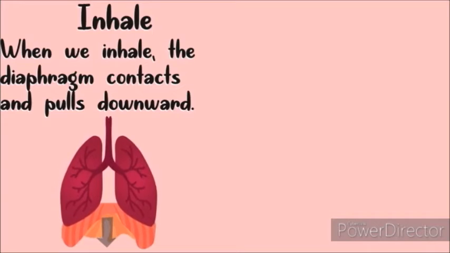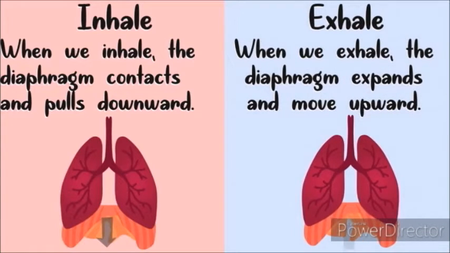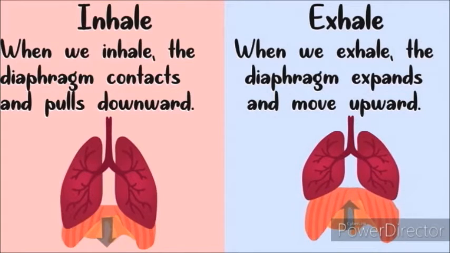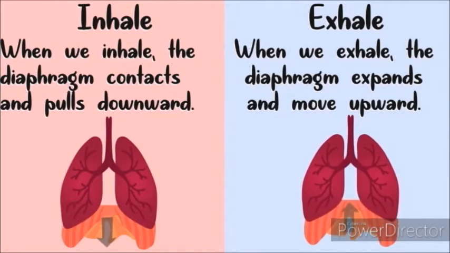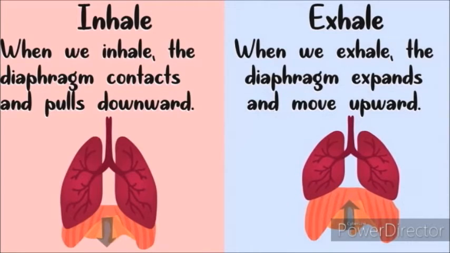This movement increases the space in the lungs, which pulls air into it. When we exhale or breathe out, the diaphragm expands and goes back to its normal resting position and moves upward. This movement reduces the amount of space for the lungs and forces air out.